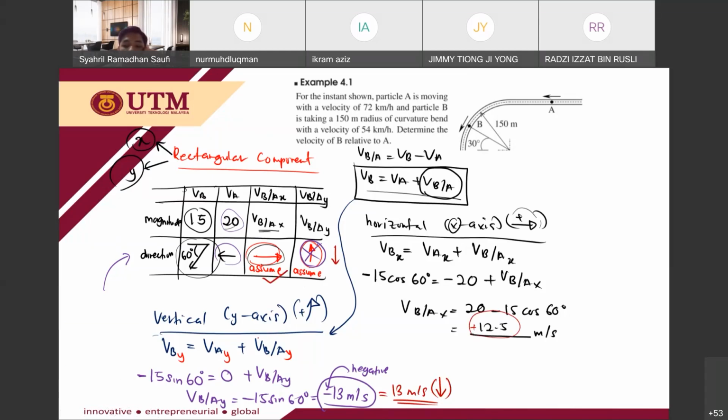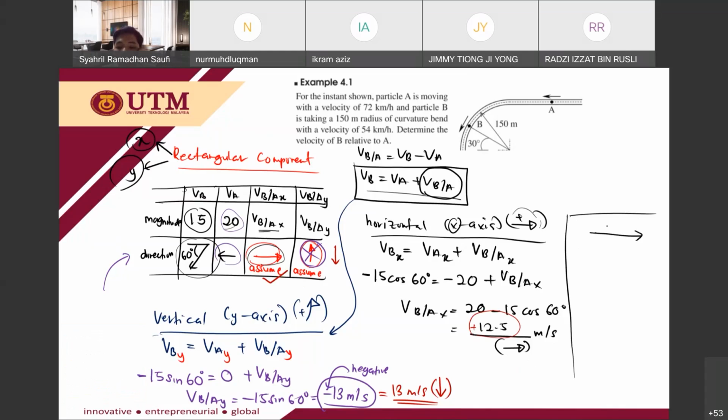Then next, you need to draw the VBAX. You know that VBAX is actually to the right and VBAY is actually downward. So in order to get the total VBA, you draw the vector.